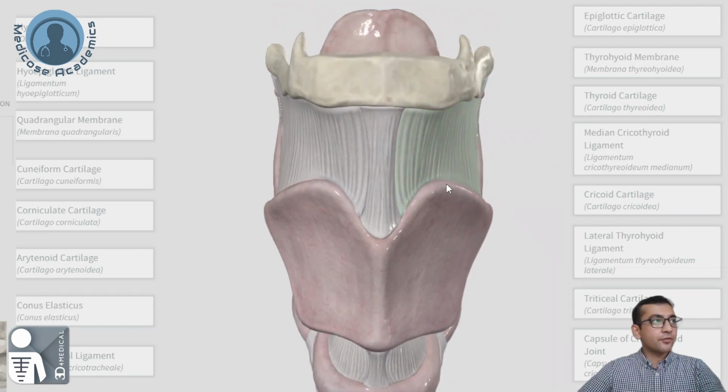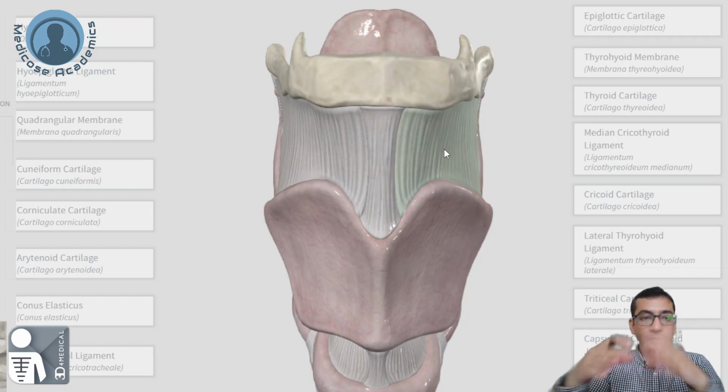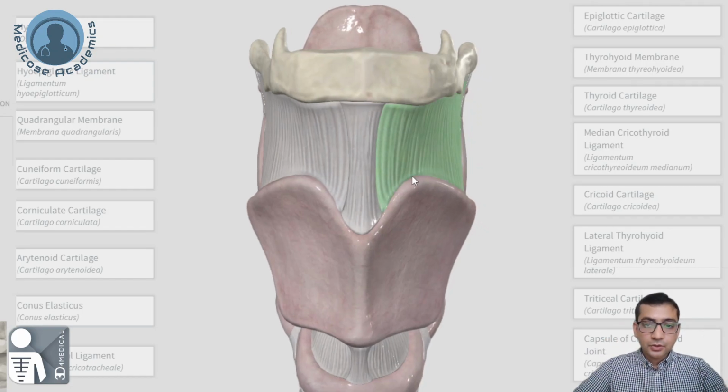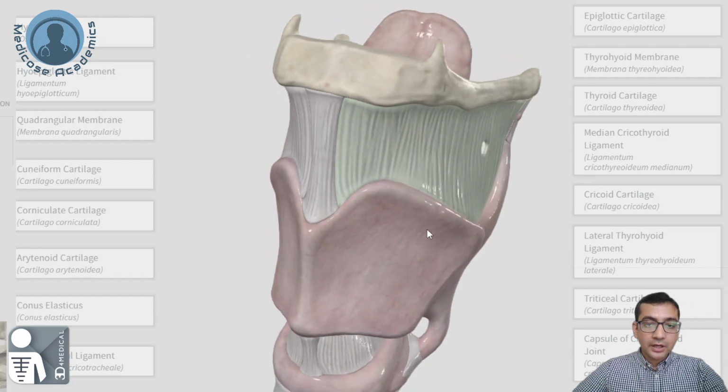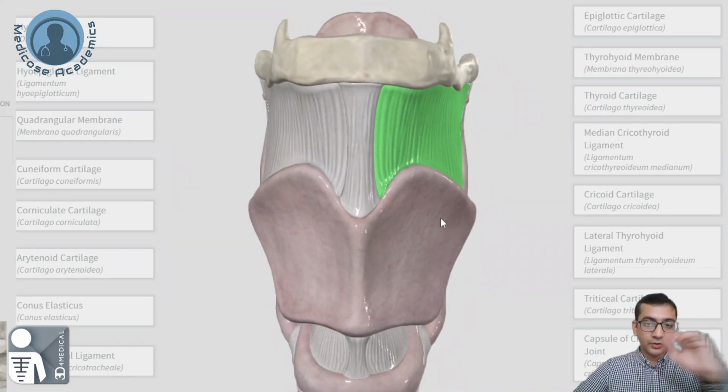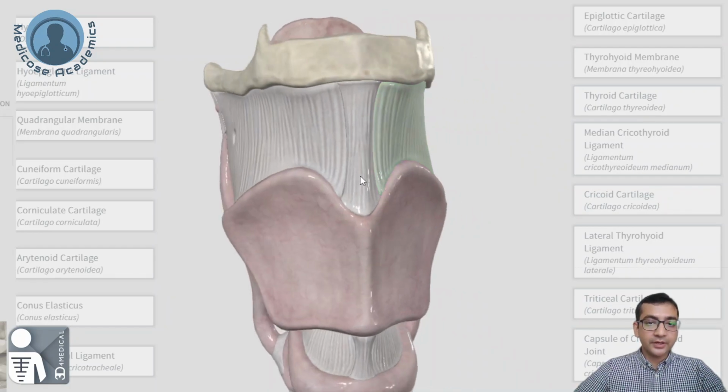For the lectures we have covered so far on the muscles of the larynx, the muscles that were elevating the hyoid bone were described as elevators of the larynx. That's how they are elevators of the larynx, because when any muscle elevates the hyoid bone, it elevates the thyroid cartilage and hence the larynx itself with it. So these are connected with that.